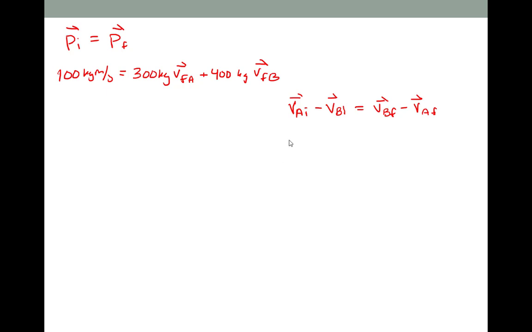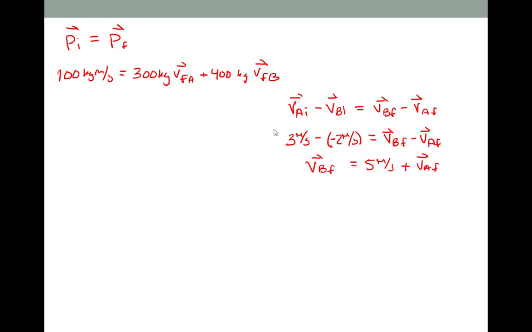Initial velocity of car A was 3 meters per second. Initial velocity of car B was negative 2 meters per second because it was to the left. I can now solve this equation for VB final. That will be 5 meters per second plus VA final.